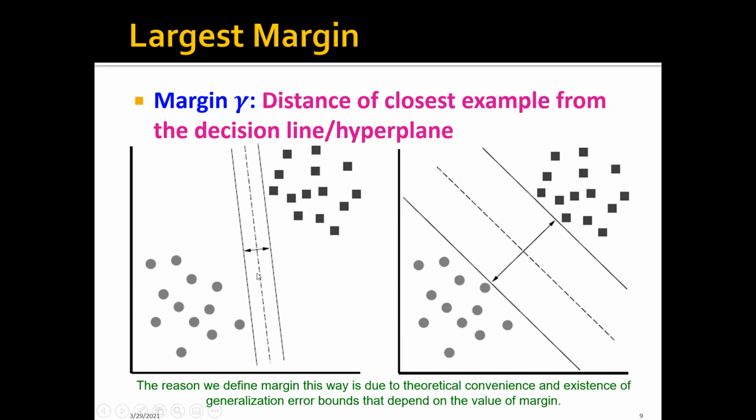The margin is quite small here because the closest example to this decision boundary is very close to the boundary. If you look at the other decision boundary here, all these data samples are very far from the decision boundary, therefore the margin gamma in this case is very large.